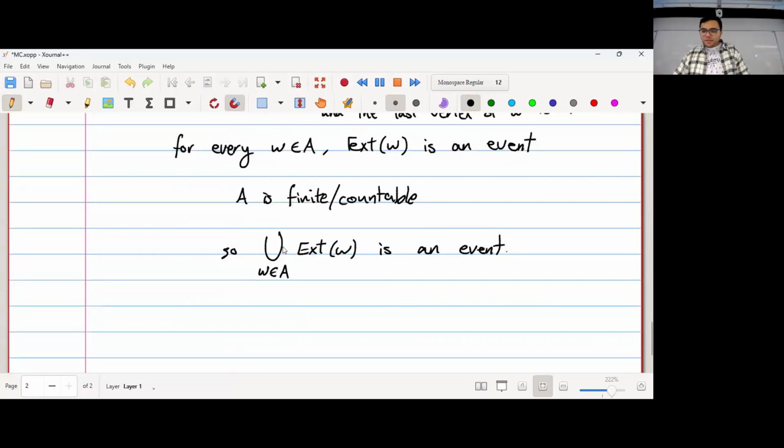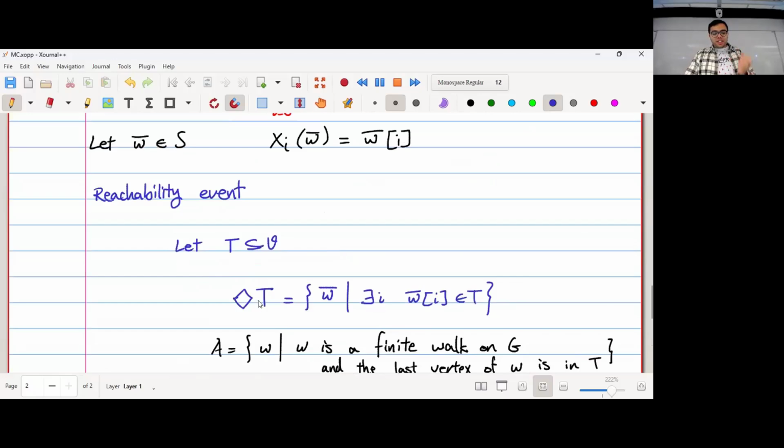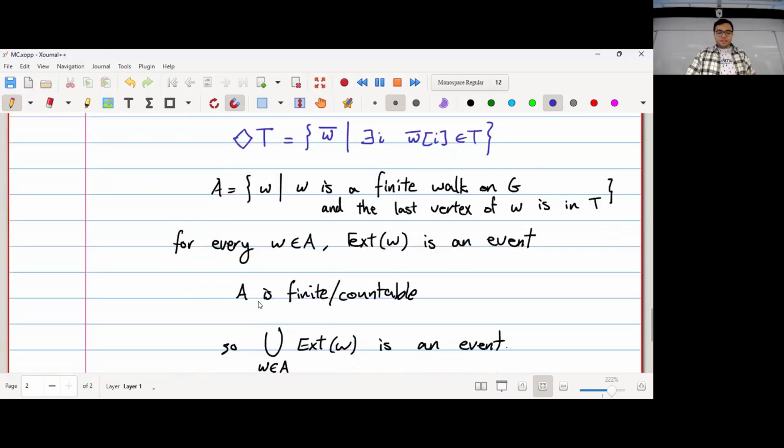So this thing is exactly the set of all infinite paths that reach T. So great. All I did so far was to say that there is a well-defined probability. So if I ask you what is the probability of reaching a target set T, that's not a nonsensical question. It always makes sense. There's always a probability.